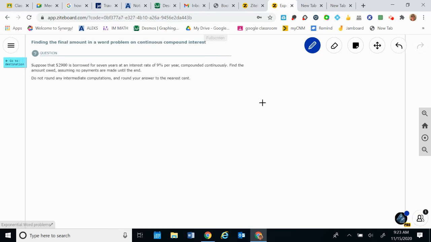Now we're going to the next kind of problem. These are continuous compound interest problems. When you see the word continuous, continuous means use e.